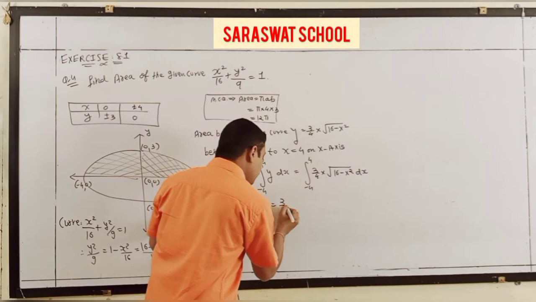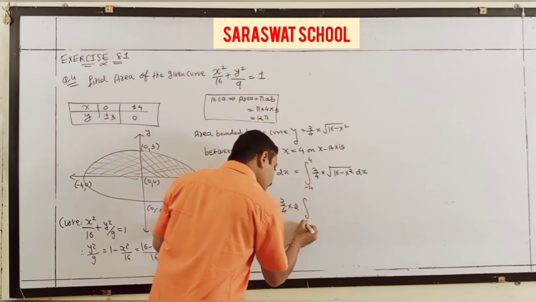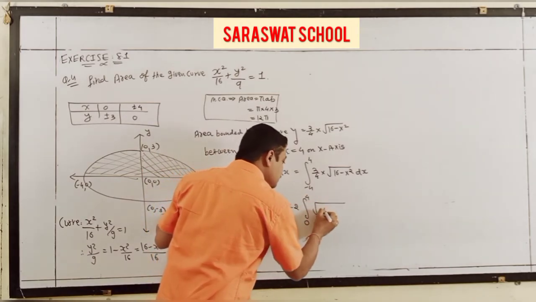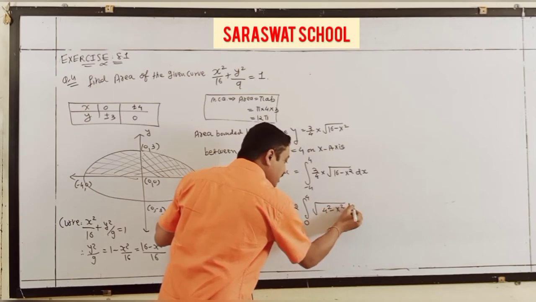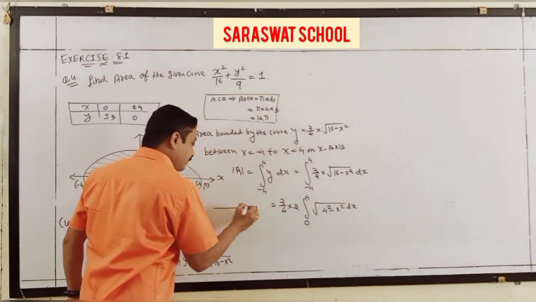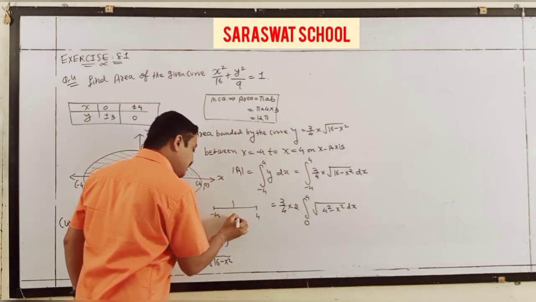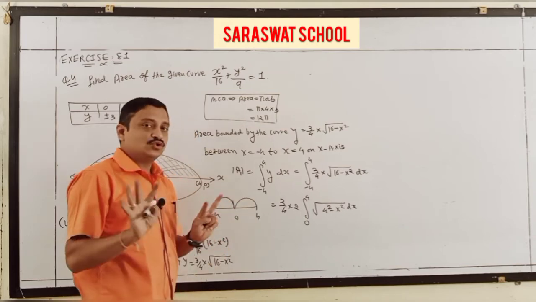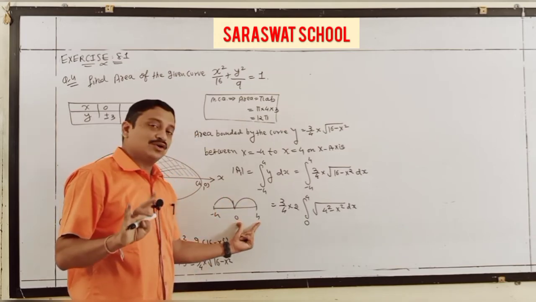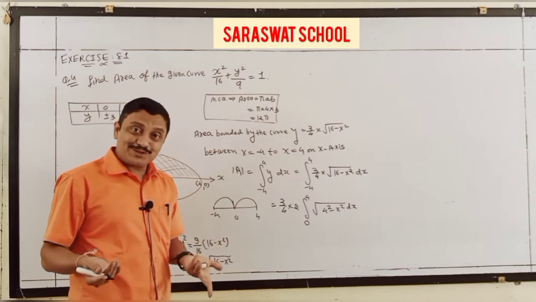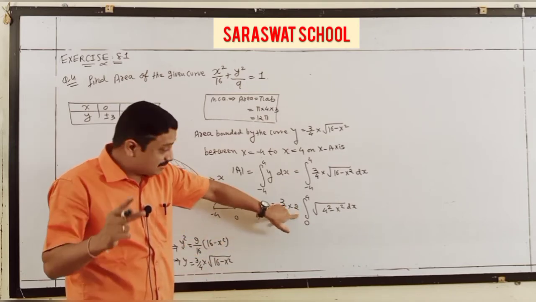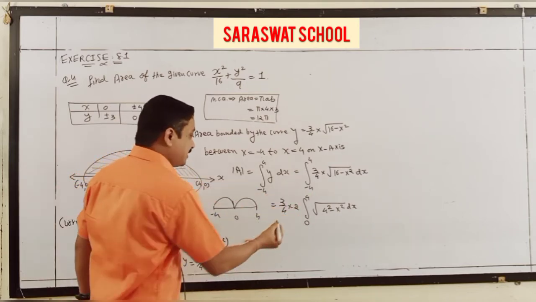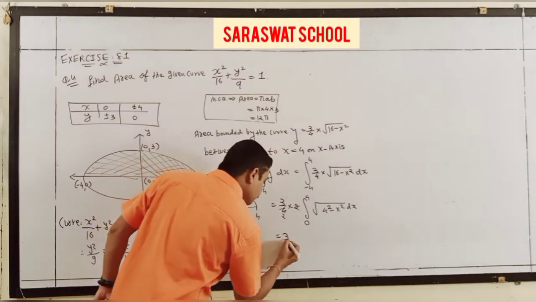3 by 4, can I write 2 times integral from 0 to 4? Students, yes, definitely, because my boundary is -4 to 4, I just divided into 2 equal parts. 0 to 4 is also true and -4 to 0 is also true. That's why I am taking 2 times 0 to 4, and that 2 cancels, giving 3 by 2.